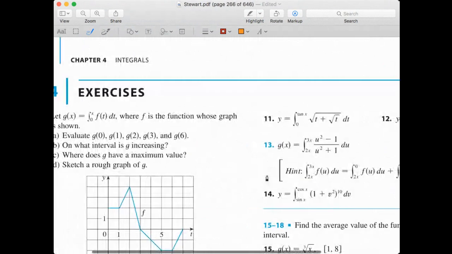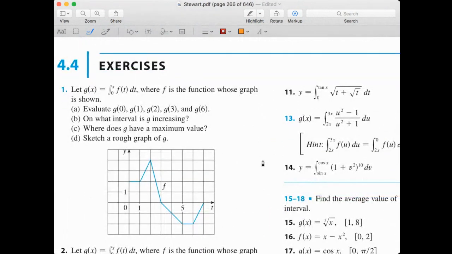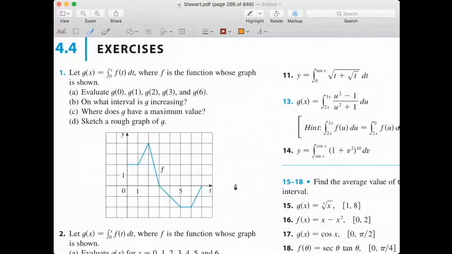All right, let's do some exercises. So let f be a function with this graph. All right, let's practice this.